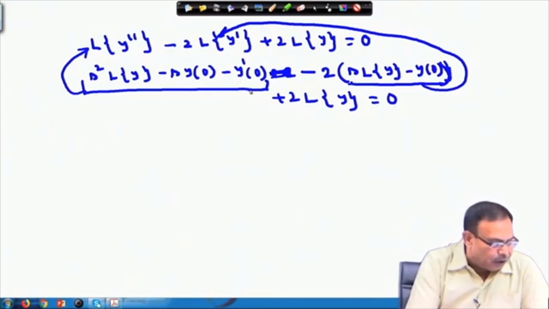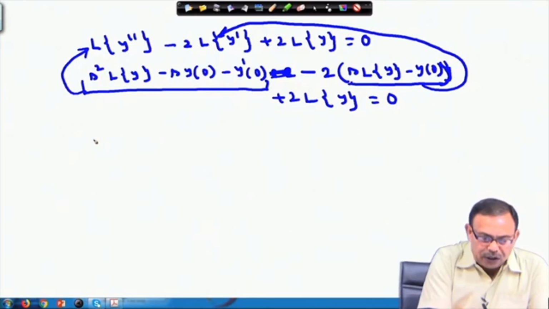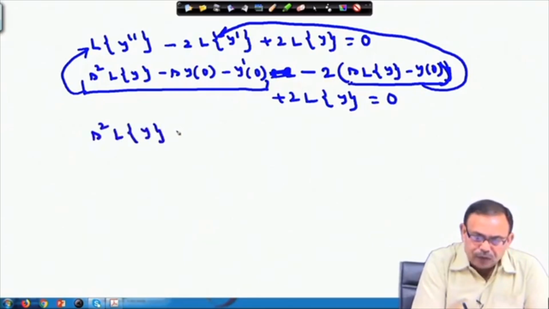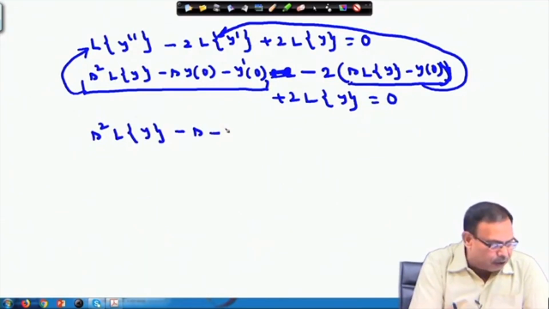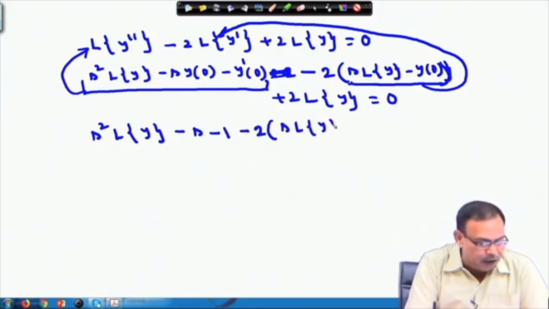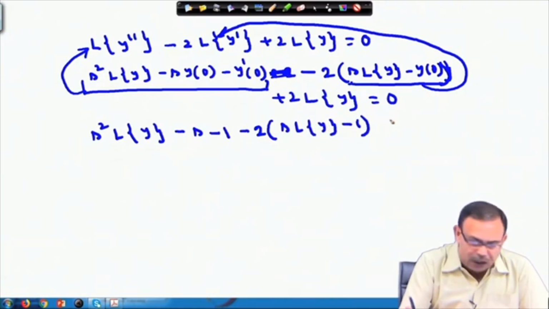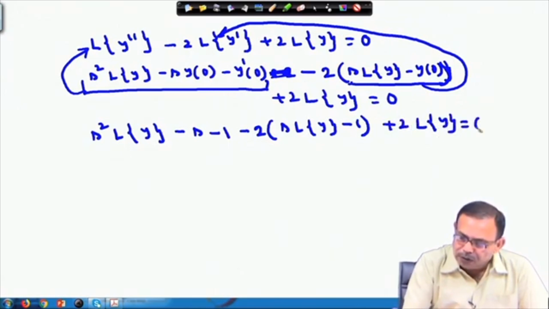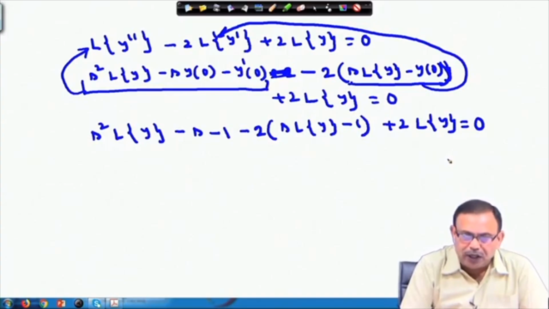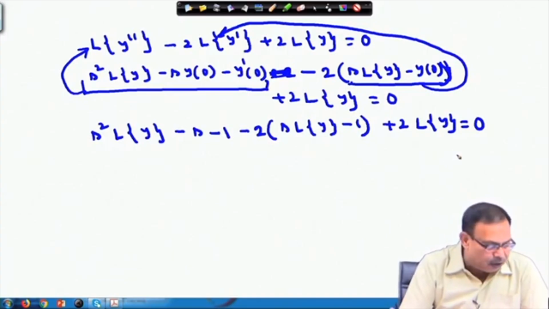If I substitute, I will obtain s square into Laplace transform of y minus s minus 1 minus 2 into s into Laplace transform of y minus 1, y 0 is 1, plus twice Laplace transform of y, equals 0. I am obtaining this because y equals 1 and dy dt equals 1 at t equals 0.